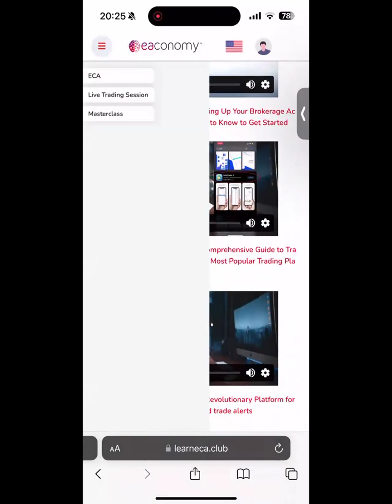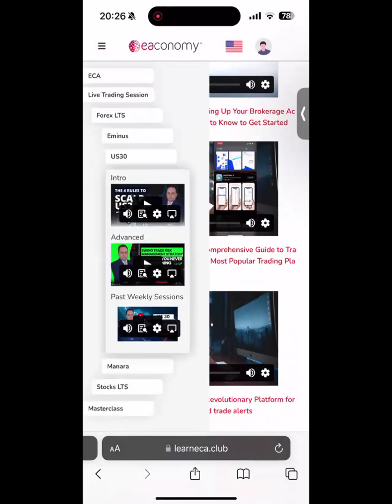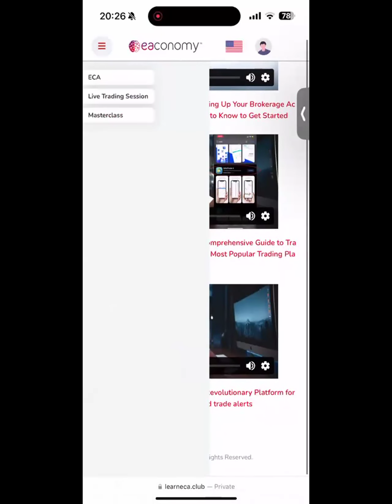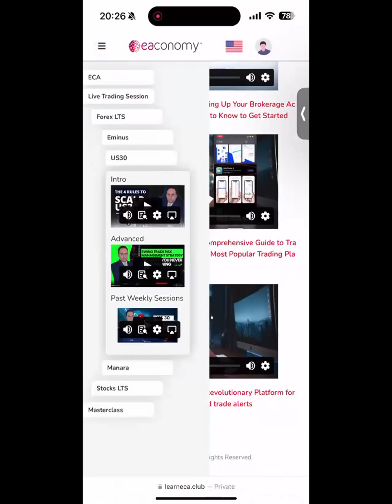So come to live trading session. Choose Forex LTS. Choose Eminus. Choose US 30. Okay, so this is Eminus Arabic, right? Forex LTS, Eminus US 30.